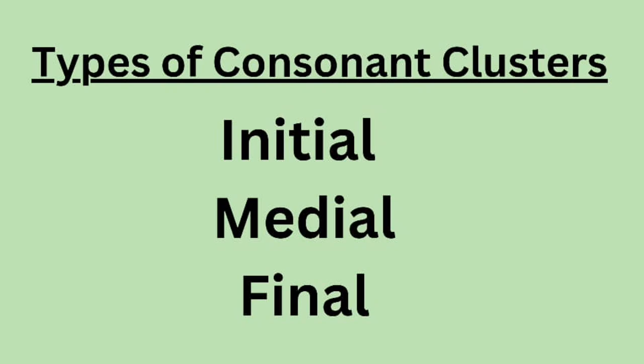They include words like splash, where S, P, and L is a cluster at the beginning of that word. Street, S, T, and R is a cluster at the beginning of that word. Spring, S, P, and R is also a cluster at the beginning of that word.